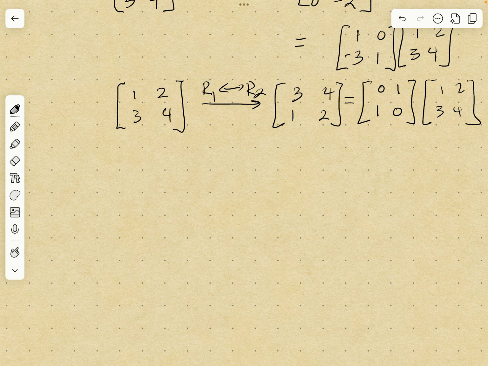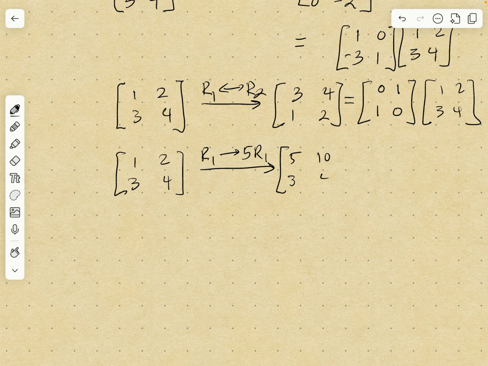Let's do one more, a type 2 row operation. Let's say that you take this matrix again, and you multiply the first row by 5. So row 1 goes to 5 times row 1. What you're going to get is this matrix 5, 10, 3, 4.